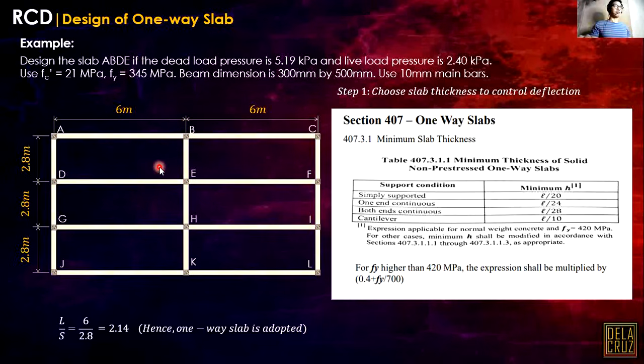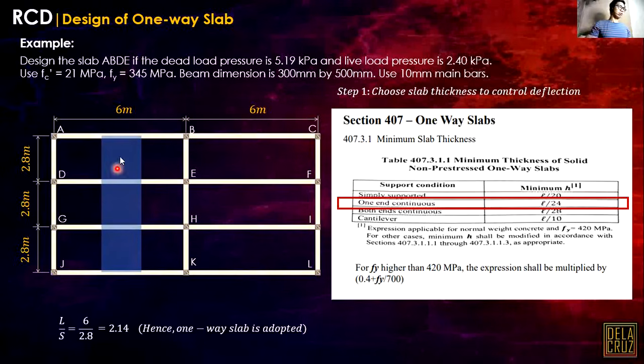So how do we analyze the slab, by the way? In this case, take note that if this is the slab we consider, we are considering a 1 meter strip of the slab. That is our analysis here. So this is the strip that we will use, a 1 meter strip. The length here, as you can see, L is considered as the length of the member. Since this slab will bend in this direction, it becomes like a beam with a 1 meter beam width.